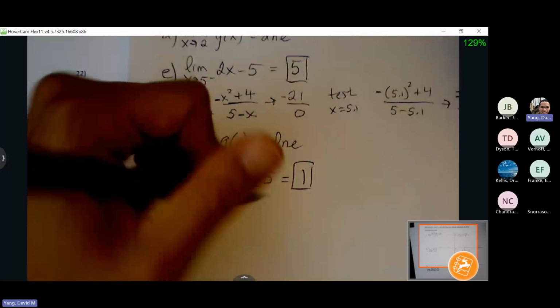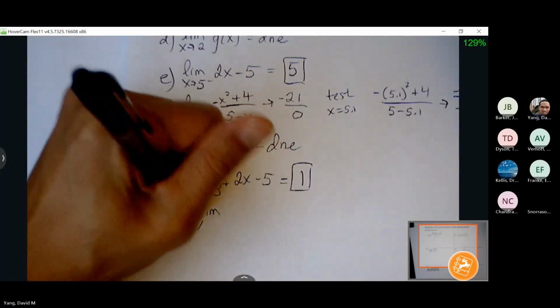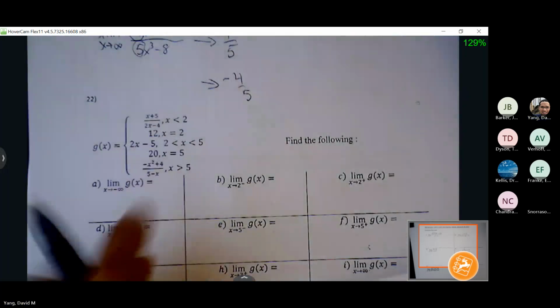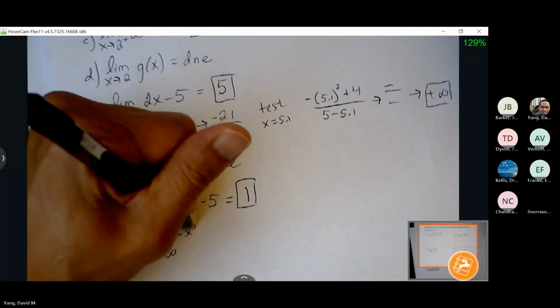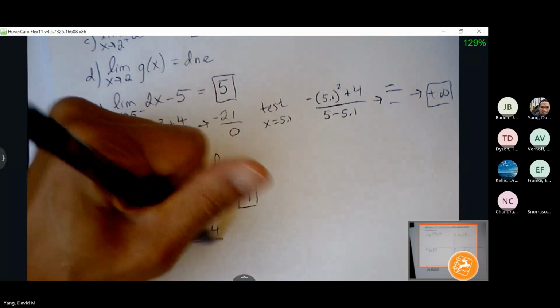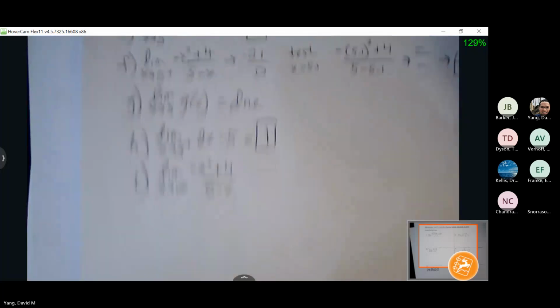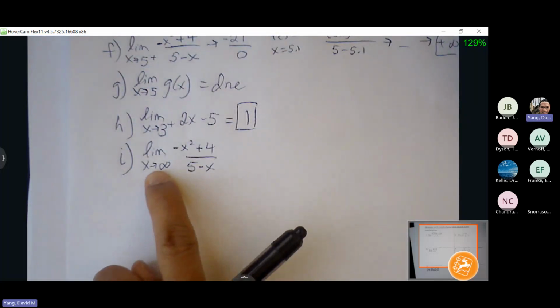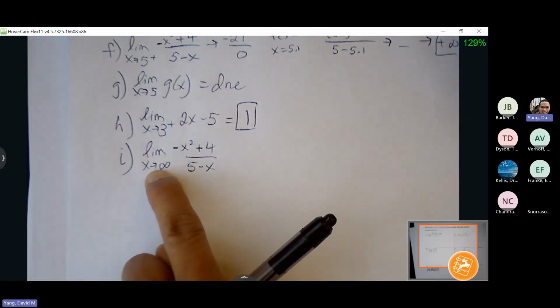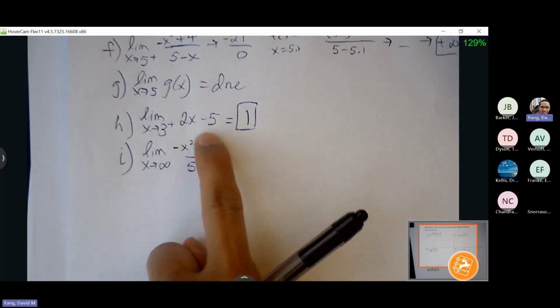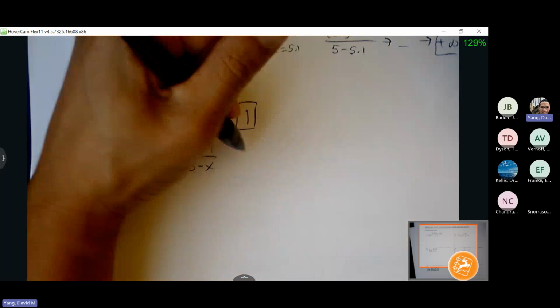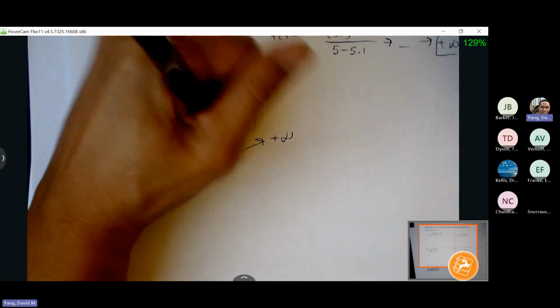Finally, limit as x approaches infinity. Last one here. All right, what's our first thing that we do if we see infinity? Compare degrees, right? What do we see? Top is higher, which means it's going to be either positive infinity or negative infinity.